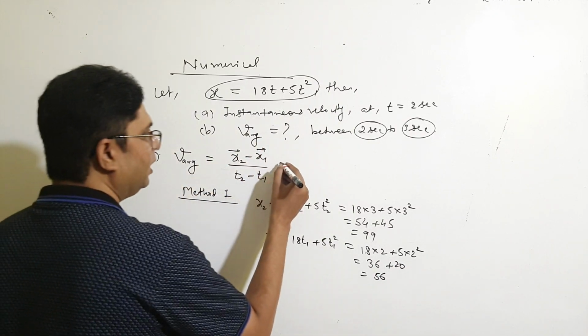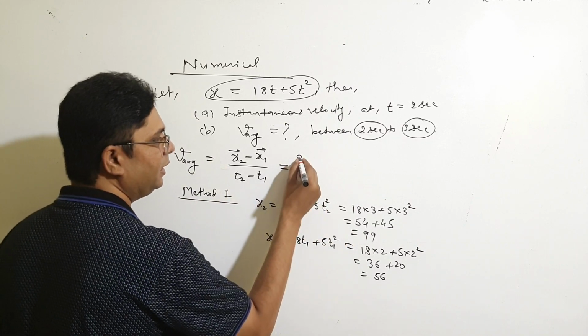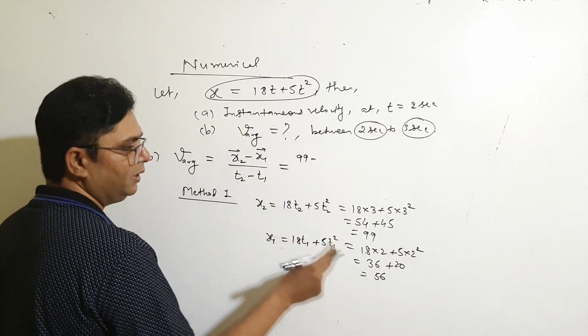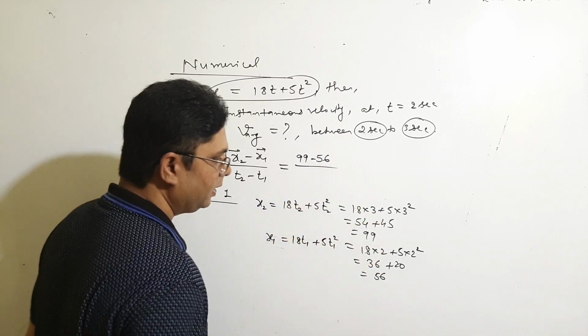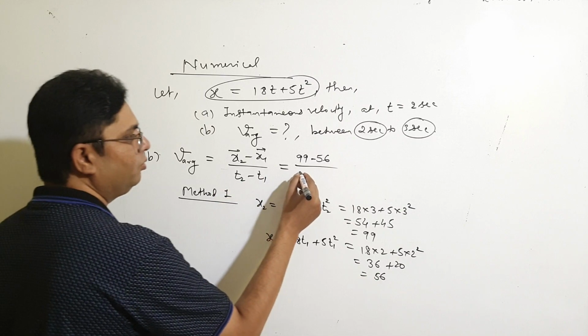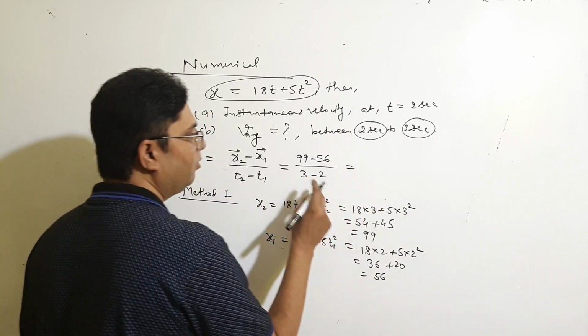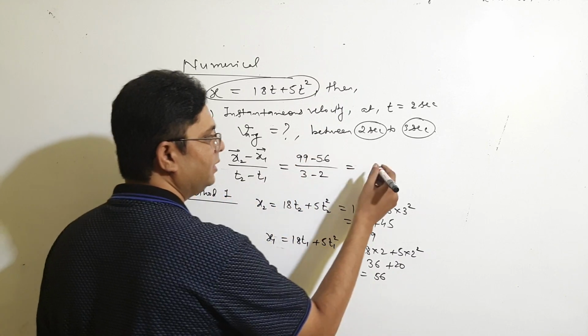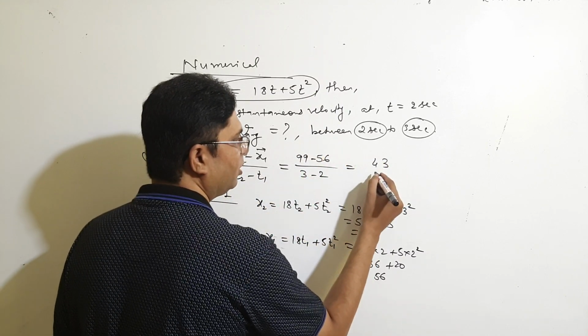Now in this formula, you write here the value of x2. x2 is 99 and x1 is 56. And what is t2? t2 is 3, and what is t1? t1 is 2. So here you have 99 minus 56, this is 43, and 3 minus 2, this is 1.